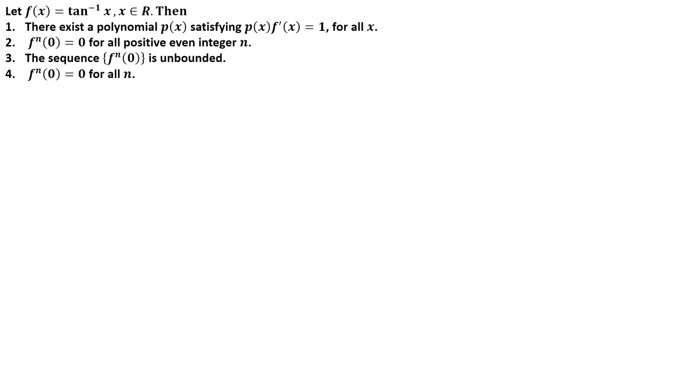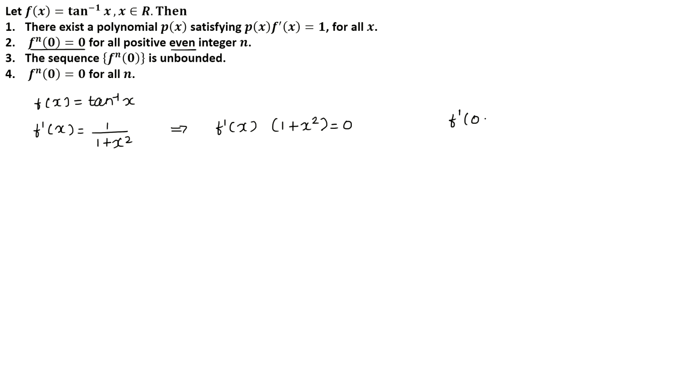Now option 2 says f^n(0) = 0 for all positive even integers n. We know that f(x) = tan inverse x, f'(x) = 1 by 1 plus x square, and this gives f'(x) times (1 plus x square) equal to 1, and f'(0) equals 1.